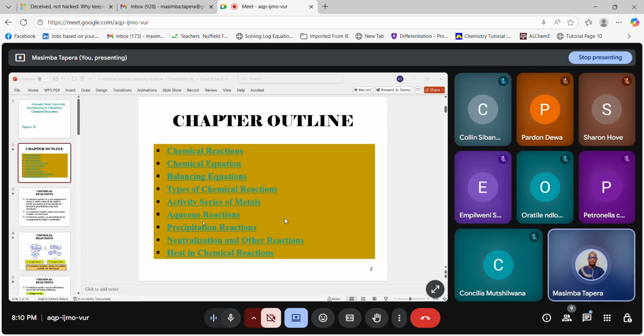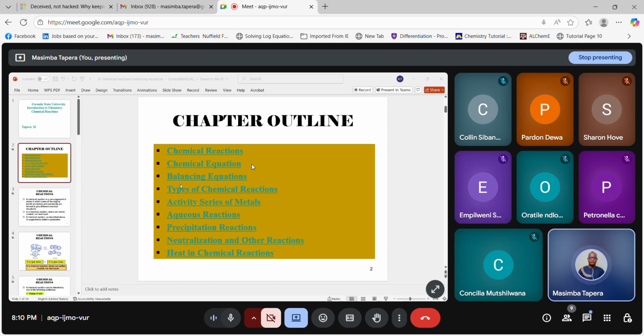We are going to discuss chemical reactions in general. What are chemical reactions? Then we'll also discuss the aspect of chemical equations. Then lastly, the aspect of balancing chemical equations.